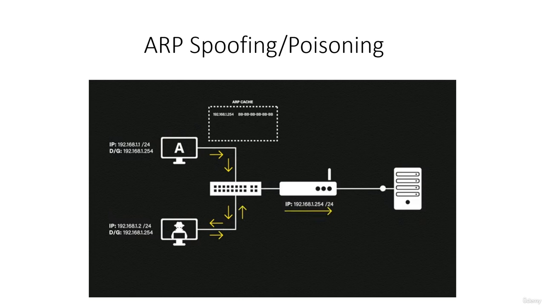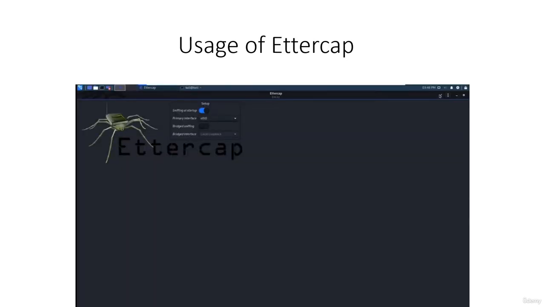So let's see how we can use a tool like Ettercap to achieve such a task. Let's first see how to use Ettercap. If you have a Kali Linux operating system, then the Ettercap program is installed by default. Ettercap has a graphical interface that's very beginner friendly, unlike many programs that are command line only.